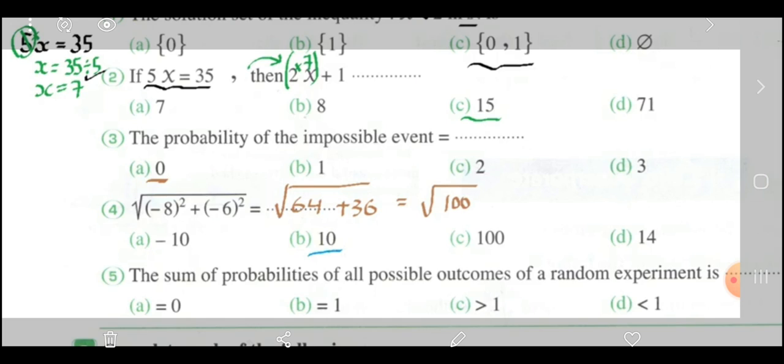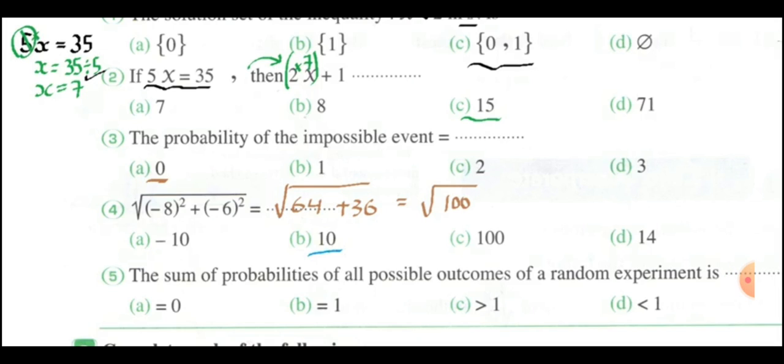Negative 8 squared means negative 8 times negative 8 equals 64, plus negative 6 squared, which means negative 6 times negative 6 equals 36. Then we find 64 plus 36 equals 100. Then the square root of 100 equals 10.